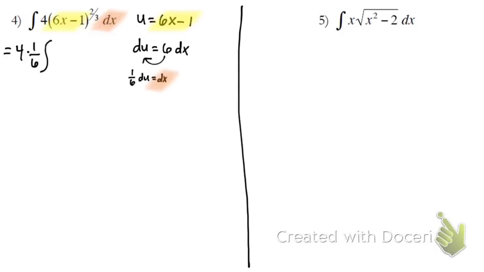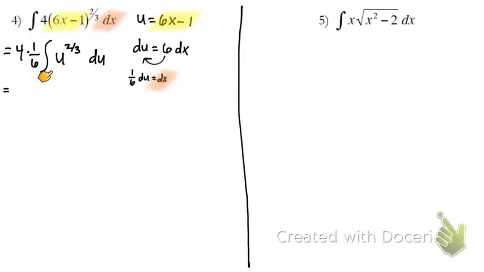The integral of this, the 4 we pulled out front already, so don't worry about that. 6x minus 1 is getting replaced with u, so this is going to be u to the 2/3 power. And then dx is getting replaced with 1/6 du. I already accounted for the 1/6, so now it's just the du part.